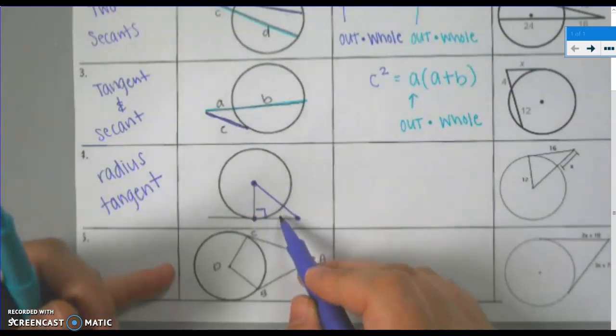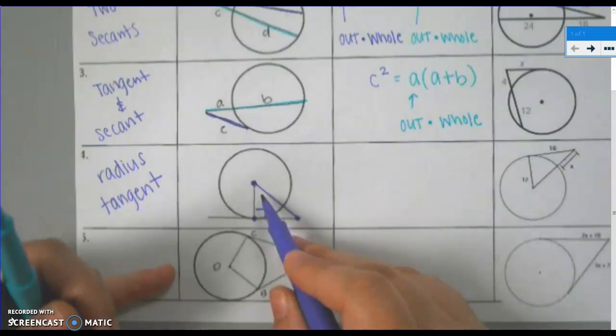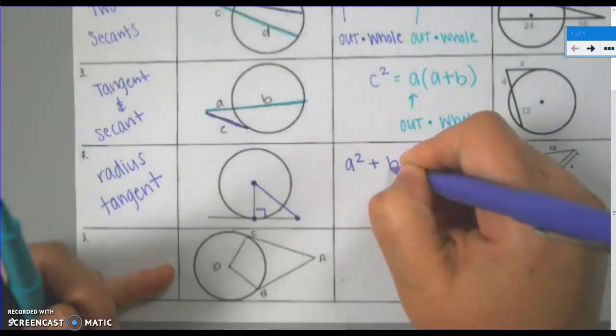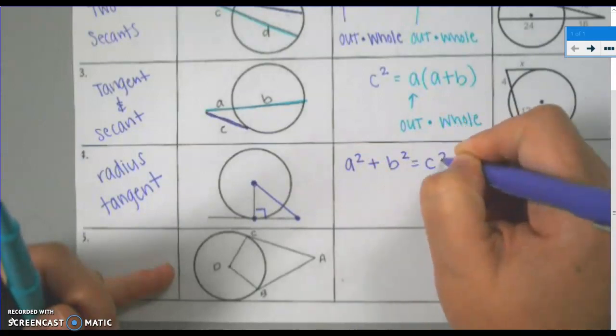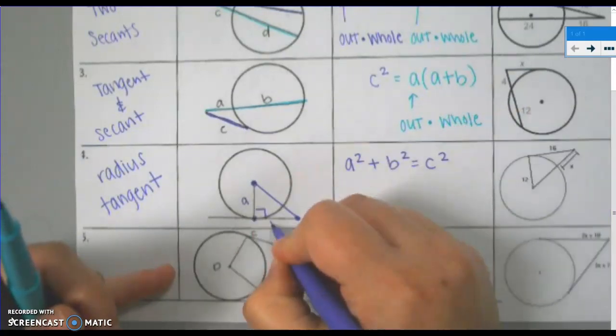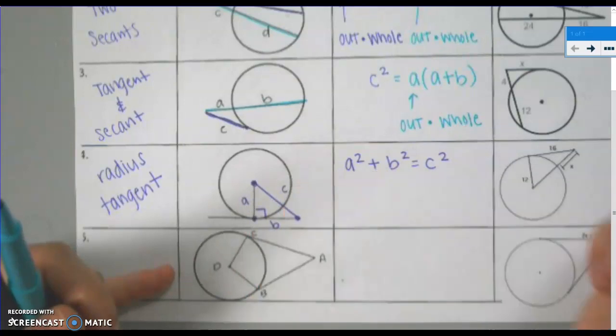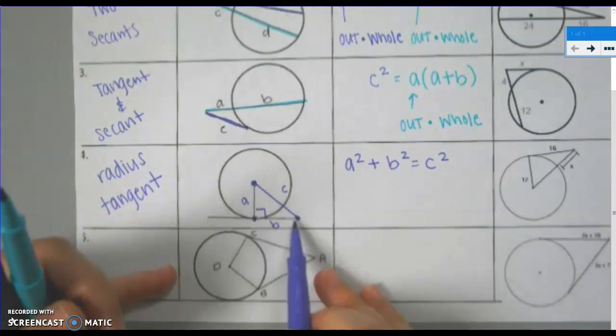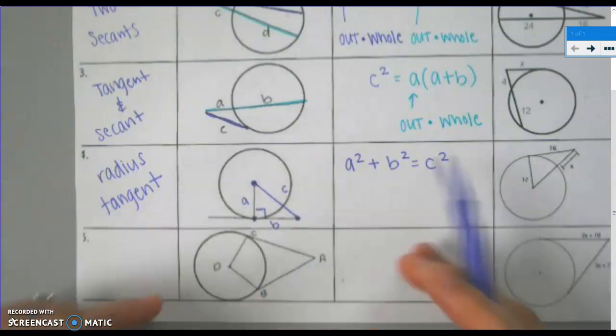So a lot of times these are Pythagorean theorem problems. So we can use a squared plus b squared equals c squared. And c is that whole piece from the center to whatever that point is on the tangent.